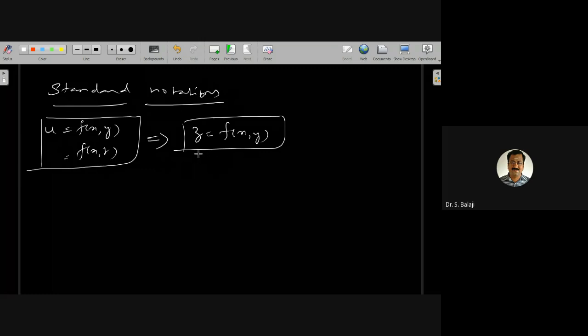In that case, if you differentiate partially with respect to x and y, you can use some notations. Dou z by dou x is denoted p, the standard notation.